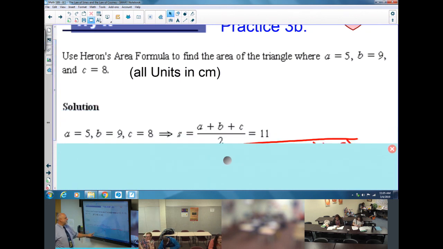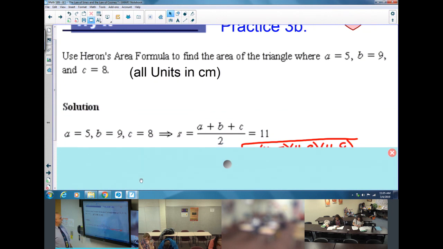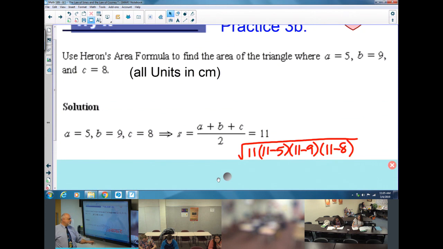So we add up the sides, and we get 22, divide by 2, and we get 11. Okay? So that's the semi-perimeter. Then we do the square root of the semi-perimeter, 11, times 11 minus each side. So 11 minus 5, 11 minus 9, 11 minus 8.